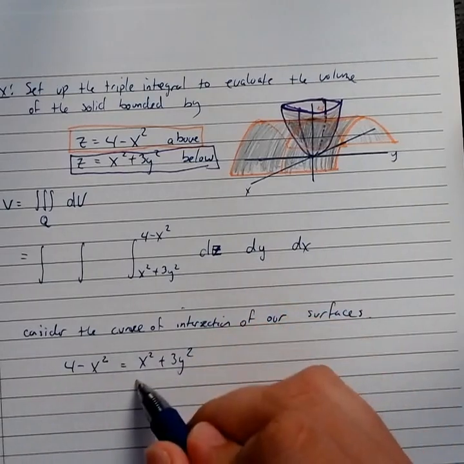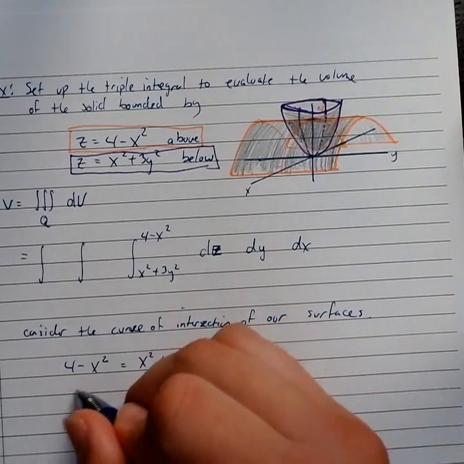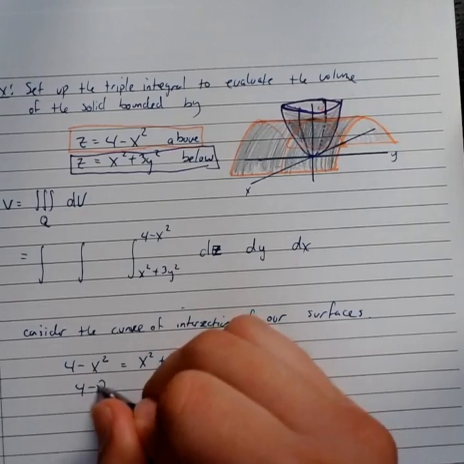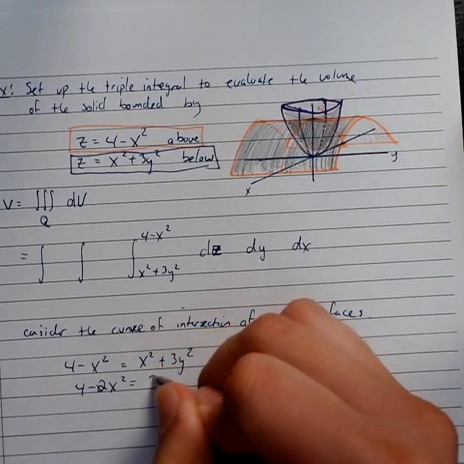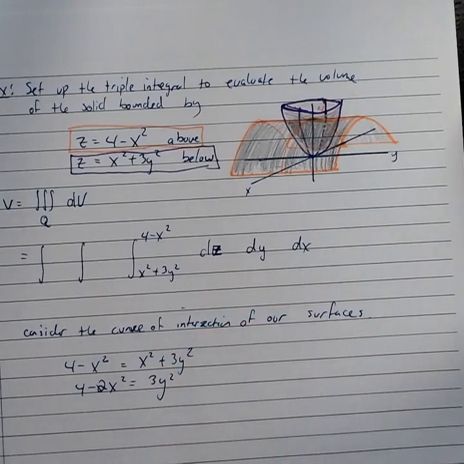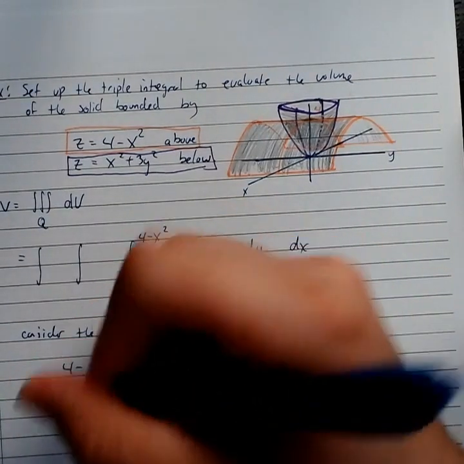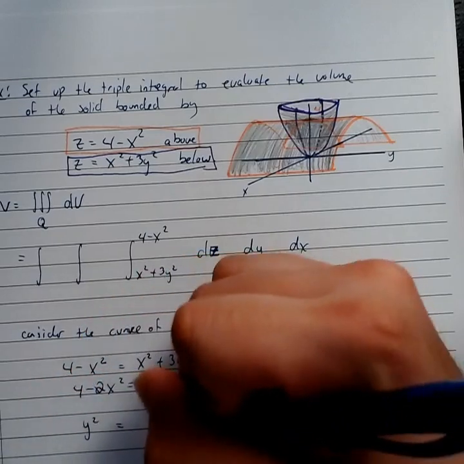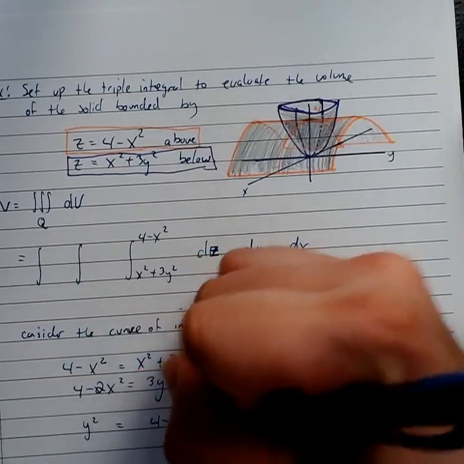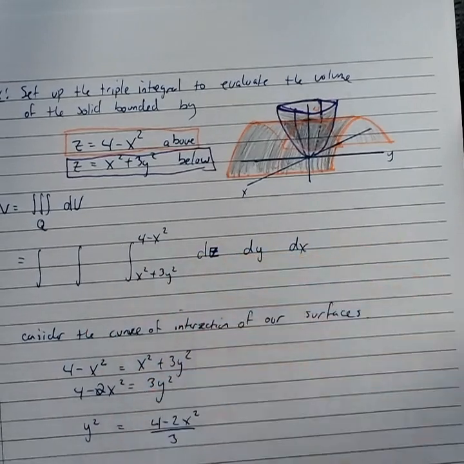If I subtract x squared over this way, that's going to give me 4 minus 2x squared is equal to 3y squared. Then I can divide both sides by 3, and that'll give me y squared is equal to (4 minus 2x squared) over 3.